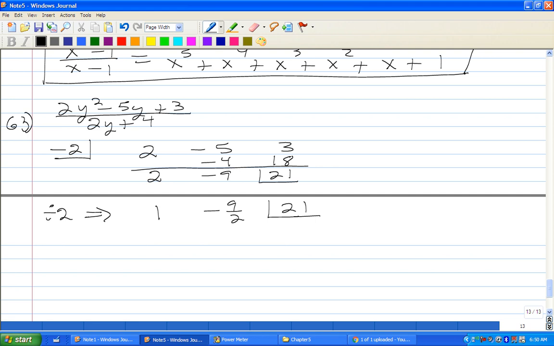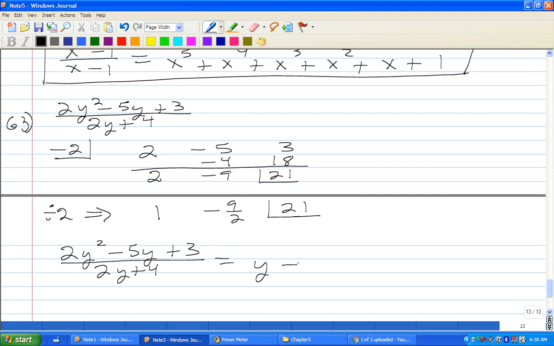And so I get that 2y squared minus 5y plus 3 over 2y plus 4 will equal, I have a polynomial of degree 2 divided by a polynomial of degree 1. And so the quotient will be a polynomial of degree 1.